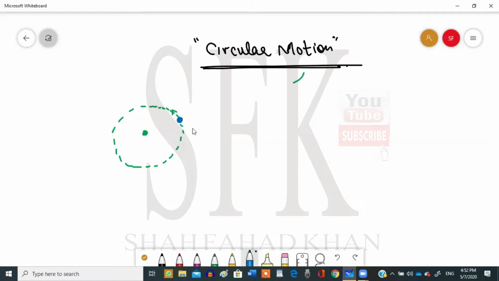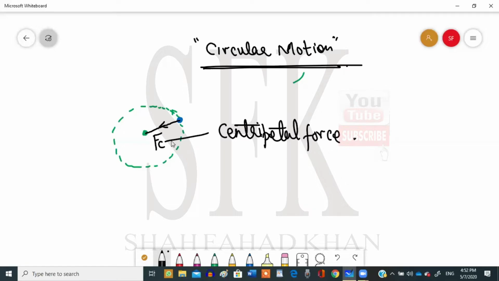And now, guys, something that you've done in O levels: what is responsible for the circular motion? It's actually a force that acts towards the center of the circle, and it is called the centripetal force. Its direction is perpendicular to the direction of velocity of this object.